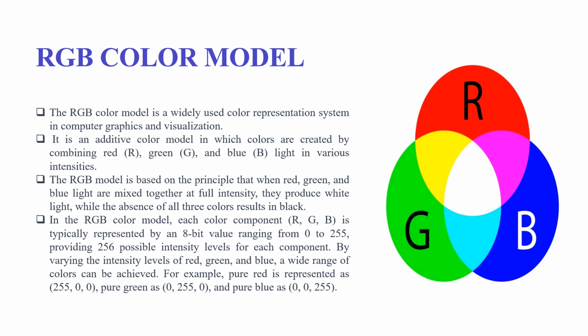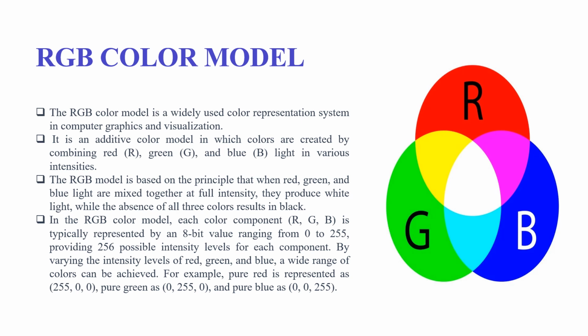In the RGB color model, each color component R, G and B is typically represented by an 8-bit value ranging from 0 to 255, providing 256 possible intensity levels for each component. By varying the intensity levels of red, green and blue, a wide range of colors can be achieved.